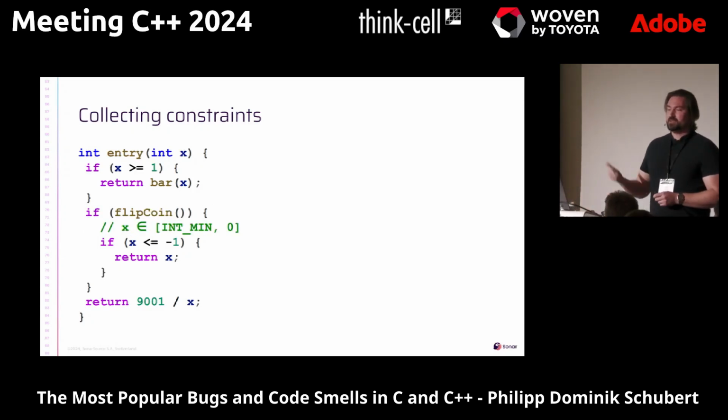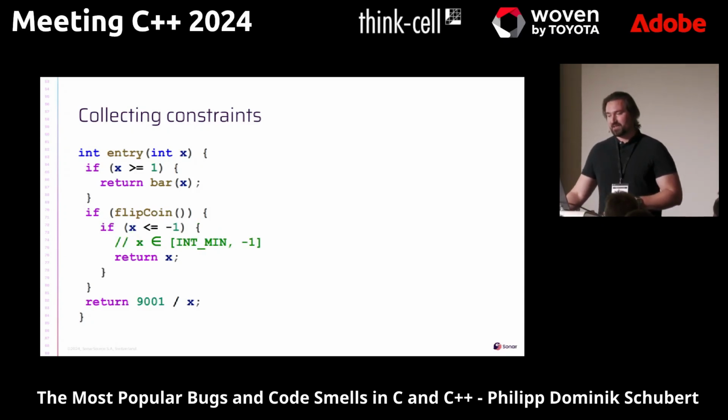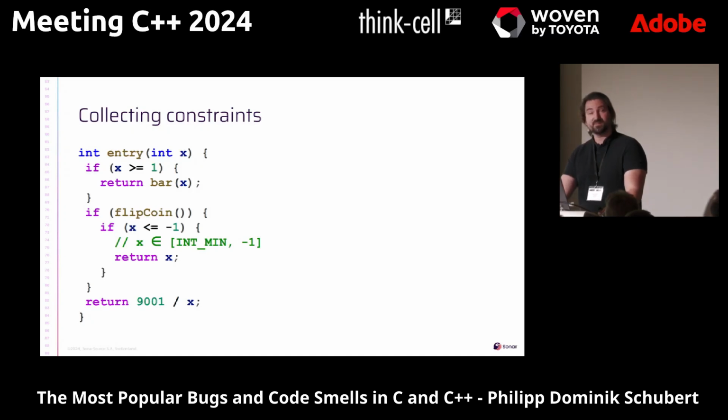If I go here and enter that next if branch, well, flip coin doesn't give me very much, so just keep information as is. And if I enter yet the third if branch, I know at this point in the program, x is somewhere between int min and -1.